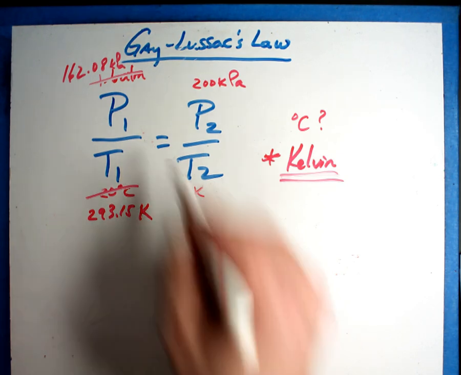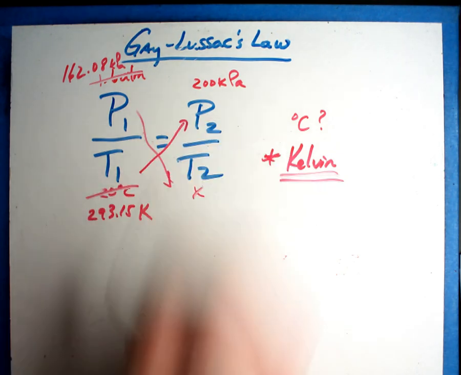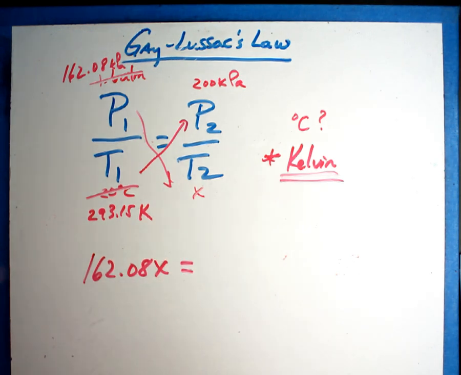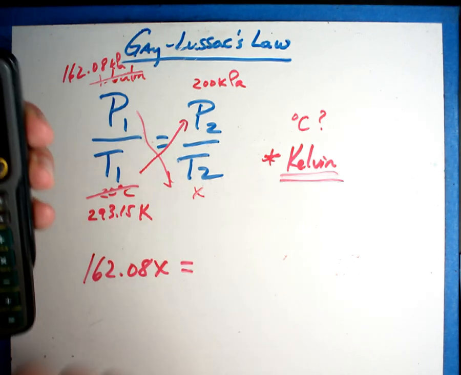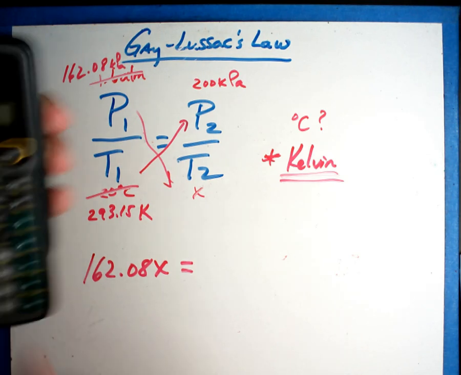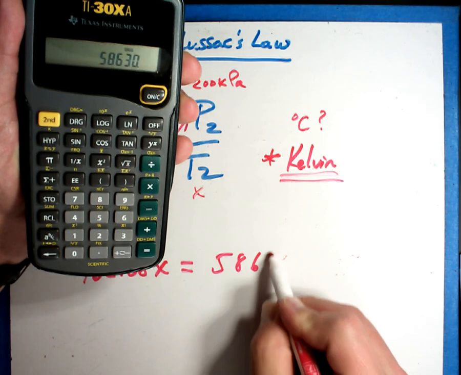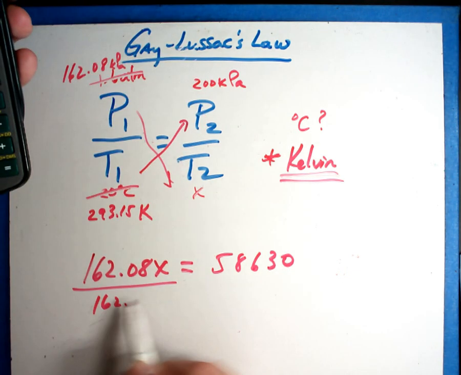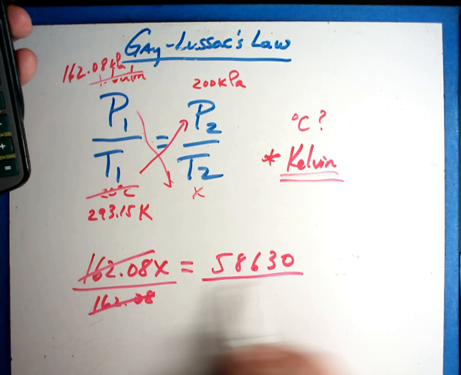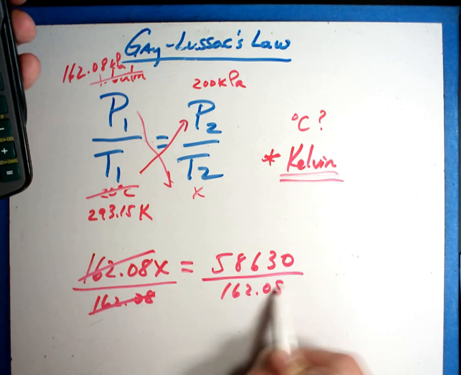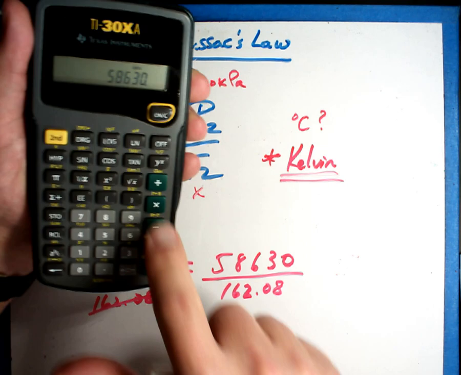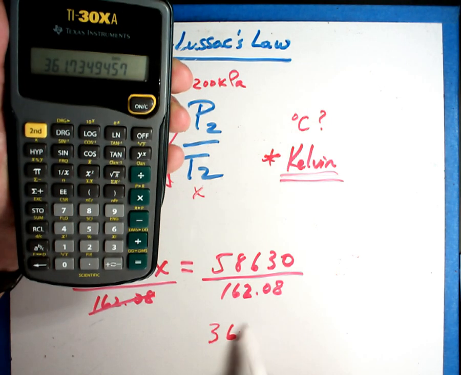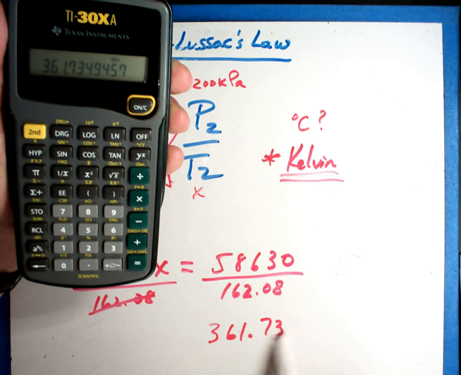Now, to solve this problem, I'm going to cross multiply. So I get 162.08 times x, and that's going to equal 293.15 times 200. That number is 58630. And so I'm going to divide by 162.08 so I can solve for x. Simple algebra 1 skills. I divide by 162.08, and I get an answer of 361.73 Kelvin.